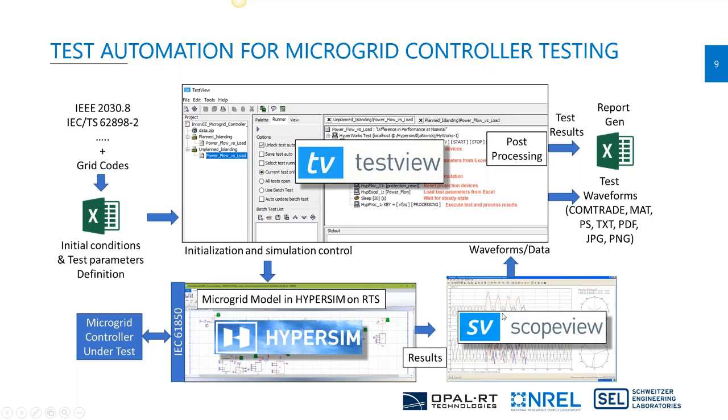It uses ScopeView to record waveforms from the running simulation, does post-processing, and you can generate reports in Excel. It may be pass-fail reports, it may be different performance indicators that you may be interested in, and have an automatic report generation using these tools.